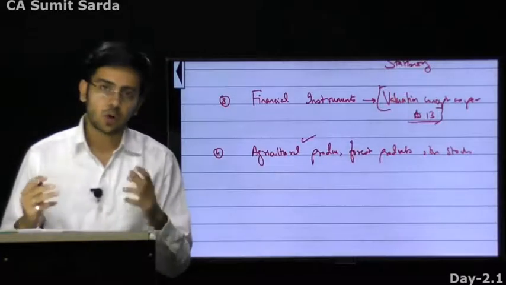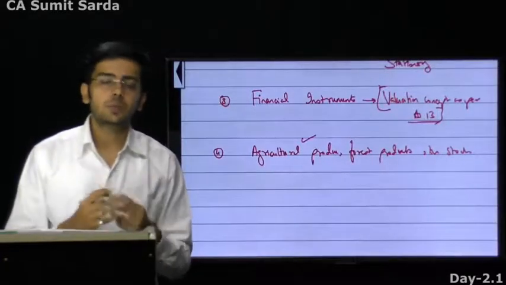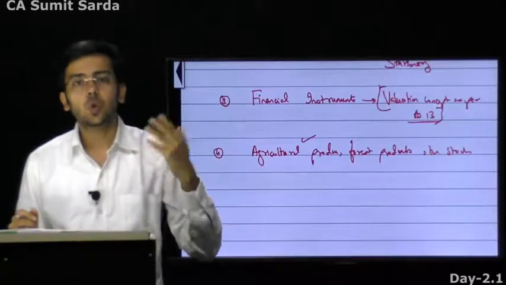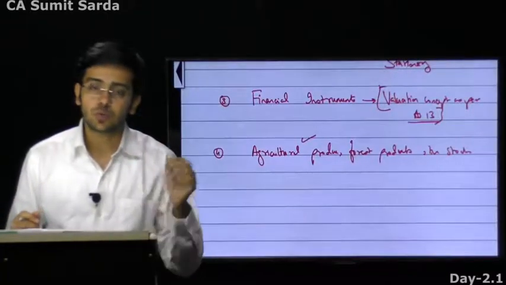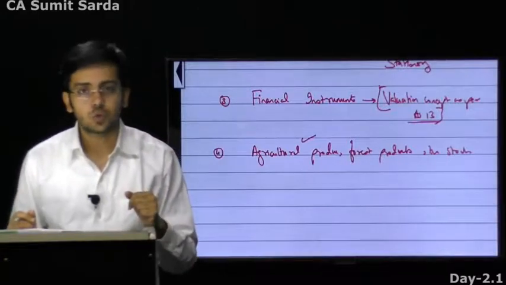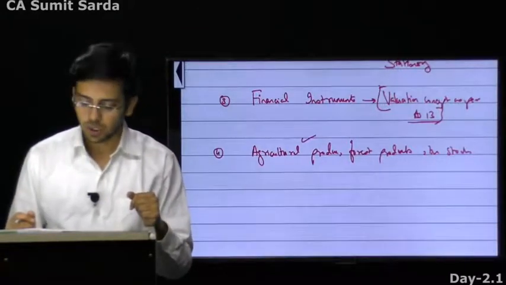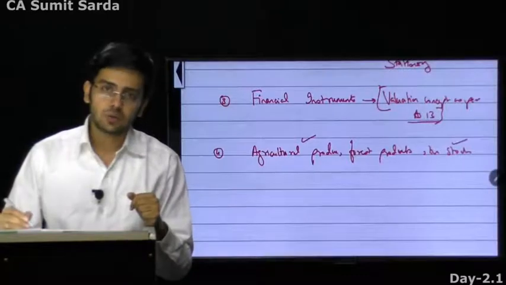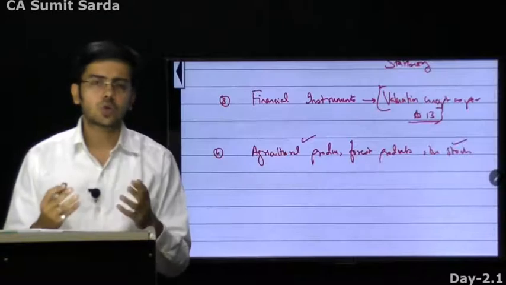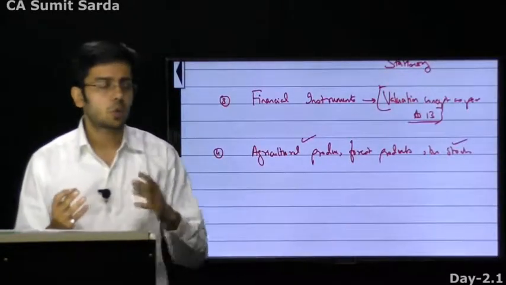Forest again, if you have teak farms, till the time these teak trees are being grown, AS2 is not applicable to you. But once you have cut it down into small lumber pieces, AS2 will be applicable to you. Livestock, we are talking about animals. So you have cows, you have buffaloes. Let's talk about a pet shop.